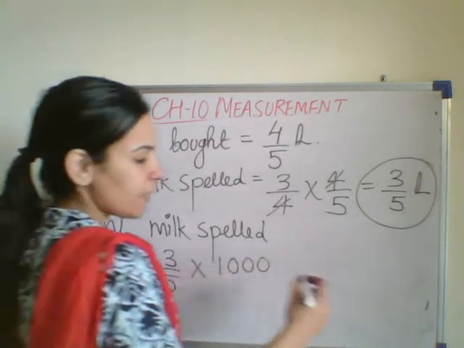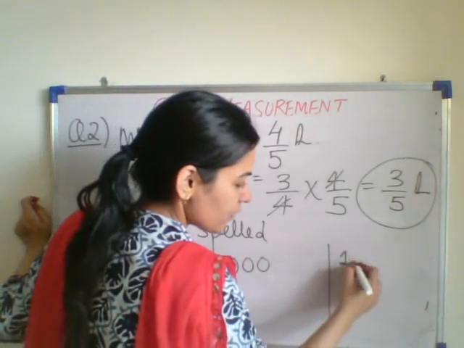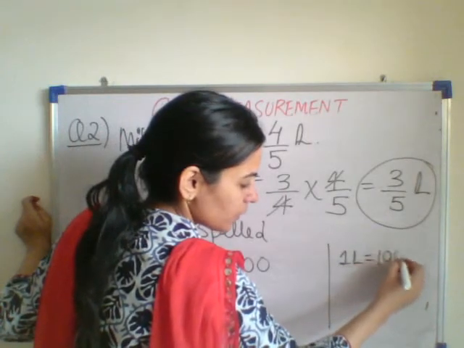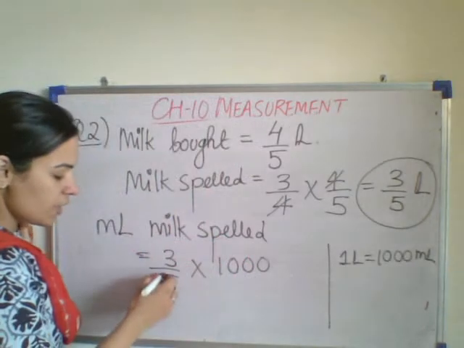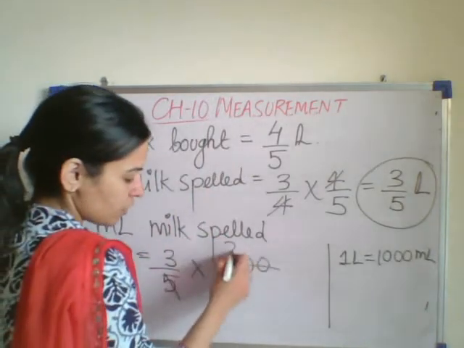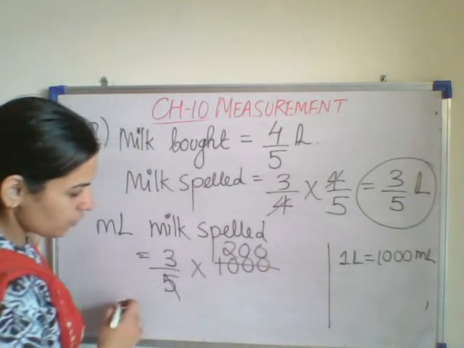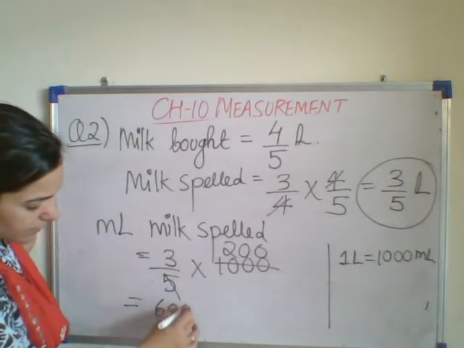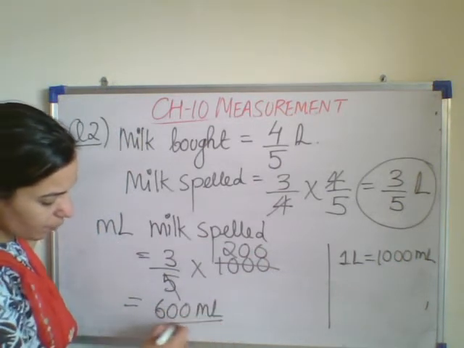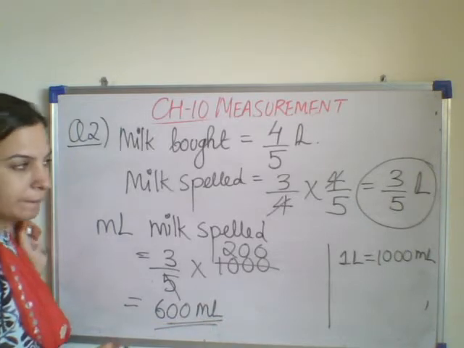Why am I multiplying it with 1000? Because 1 liter is equal to 1000 milliliters. 5 twos are 10, 0. So how much? 600 milliliter of milk was spilled.